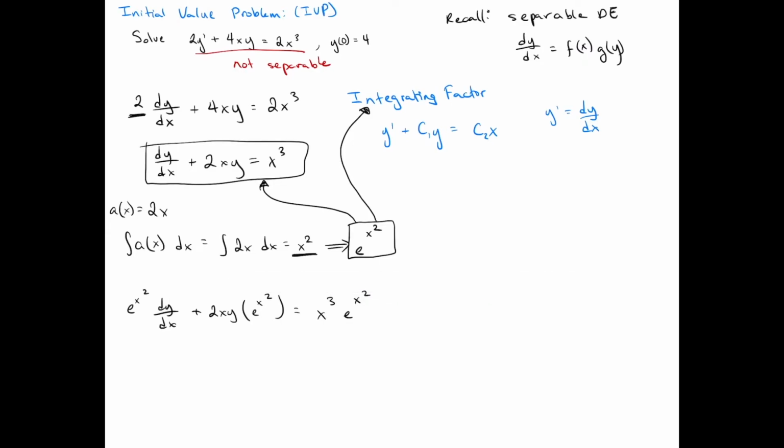The left side is basically equal to the derivative of e to the x squared times y, and the right side is x cubed times e to the x squared.